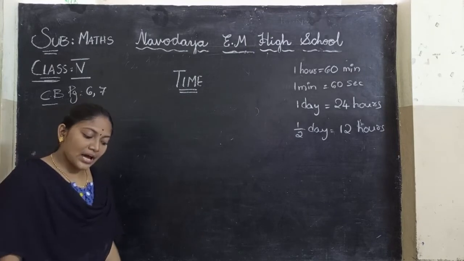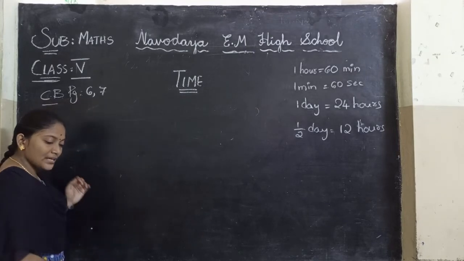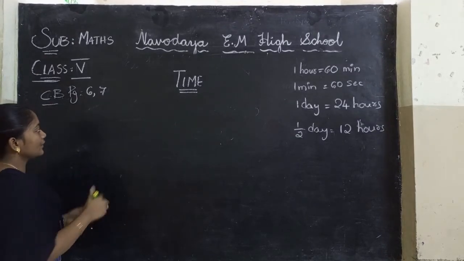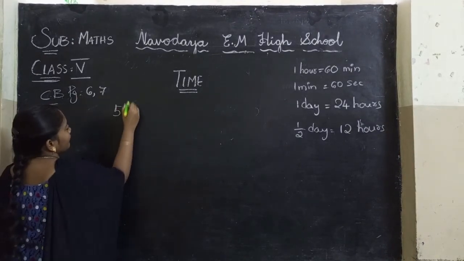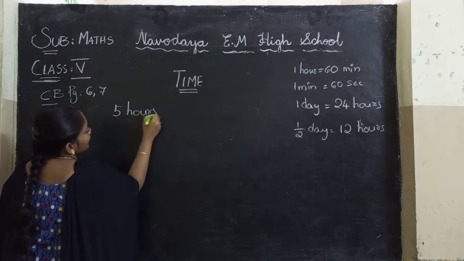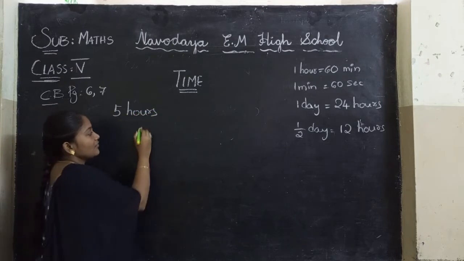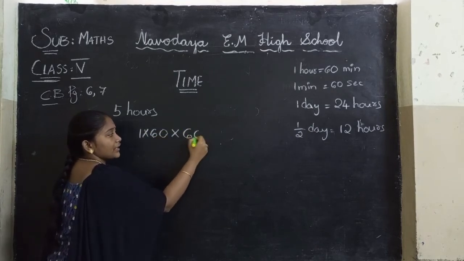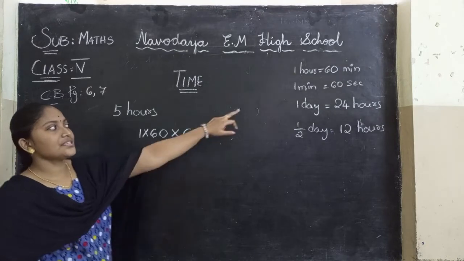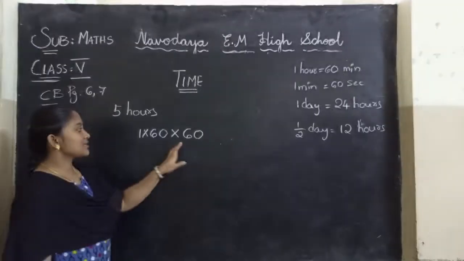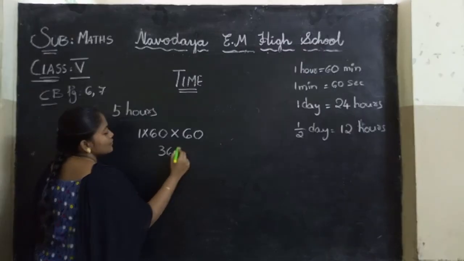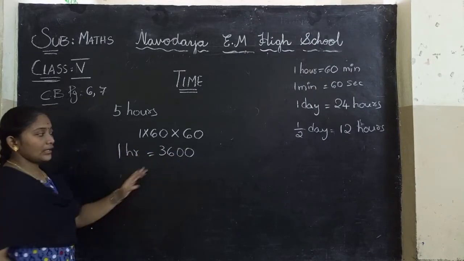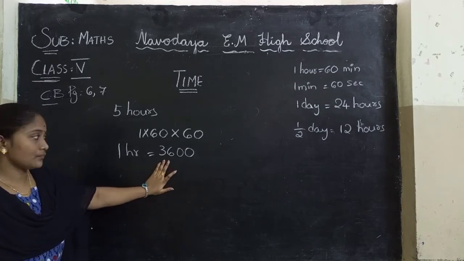How many seconds are there in 5 hours? We have to find 5 hours of time. For 1 hour, there are 60 minutes, and for each minute, how many seconds will be? 60 seconds will be there. So 6 6s are 36 and 2 zeros. For 1 hour, there are 3600 seconds.